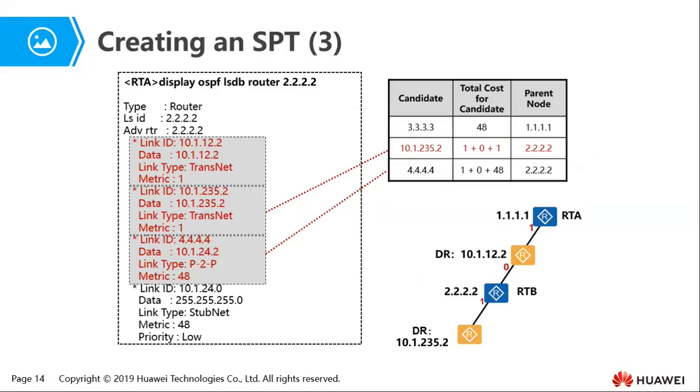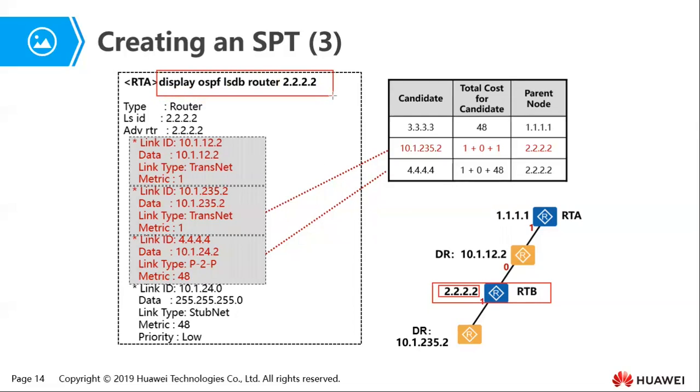On step number 3, of course now we are here. In the previous slide we were here. We now check the router LSA of this particular router 2.2.2.2. RTA will go and evaluate it.